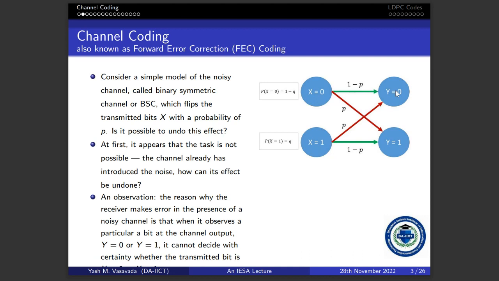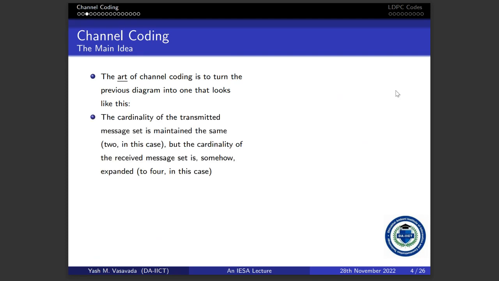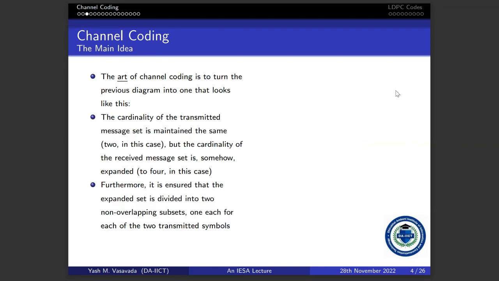And so once we look at the concept behind the errors that such a bit flipping channel introduces, we can then say that maybe if we can somehow turn the channel of this previous diagram into one that looks like this, the sender still sends a bit at a time, maybe 0 and 1.